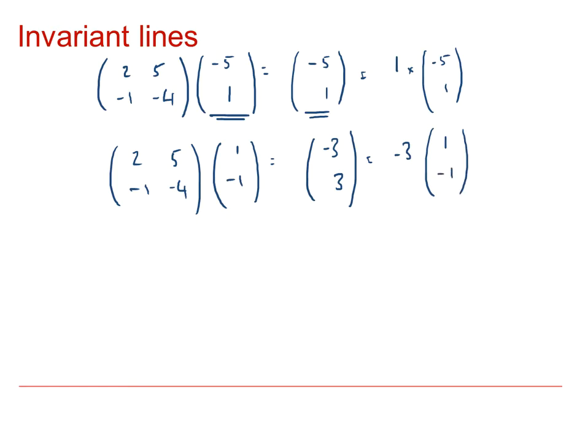So again, the vector is mapped onto a vector in the same line as we had originally. So both of the lines represented by these vectors are invariant lines. We talk about these particular vectors as being eigenvectors and the scalar multiples as being eigenvalues.